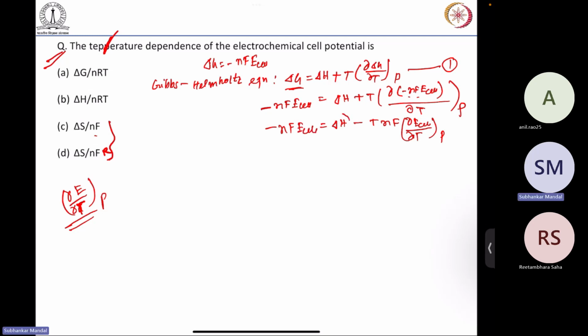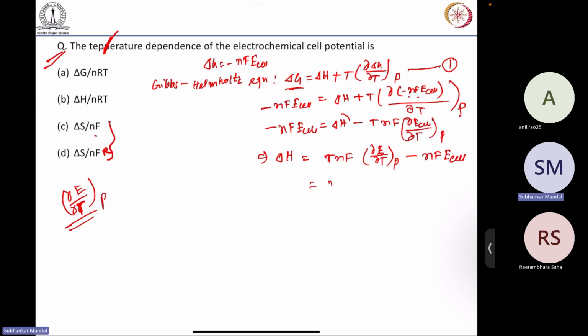So now this term del H, what we can write? Del H is equal to, we can take out this thing here, T NF delta E by delta T at constant P minus NF E cell, right?